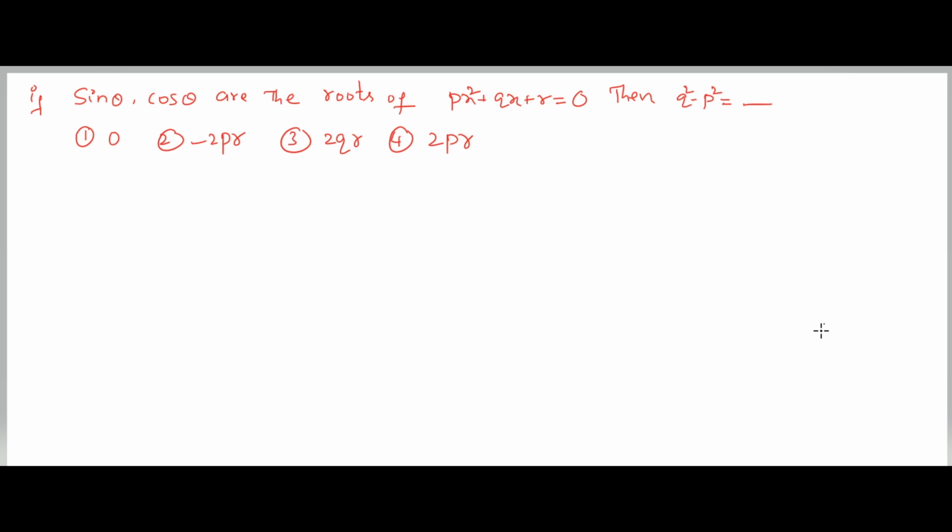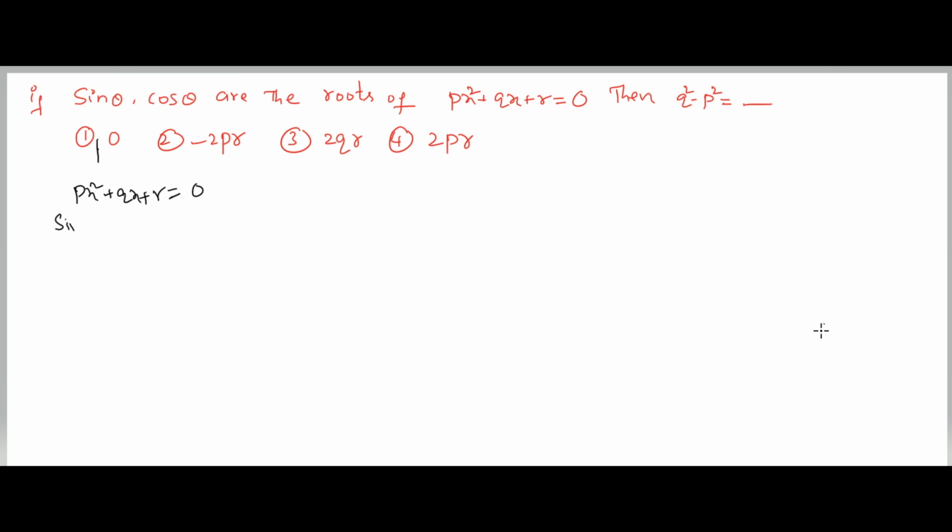If sin theta, cos theta are the roots of px square plus qx plus r is equal to 0, then the value of q square minus p square is equal to dash. Here the quadratic equation is given, that is px square plus qx plus r is equal to 0.